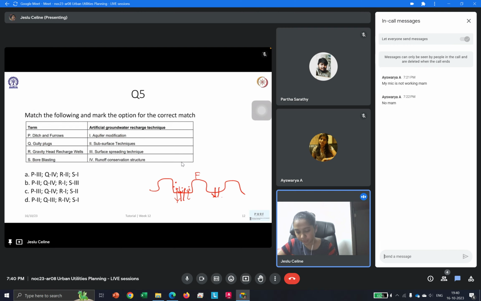Are we modifying the aquifer, subsurface, surface or runoff? Surface spreading technique. So this is a surface spreading technique because we are modifying the surface here. It's not a subsurface technique because you're not going into the subsurface in this case. Very good. It's a surface spreading technique. Now, what is gully plug?